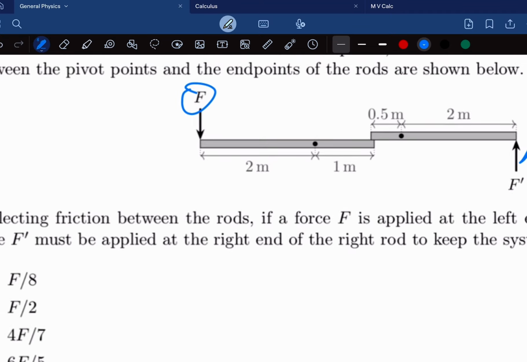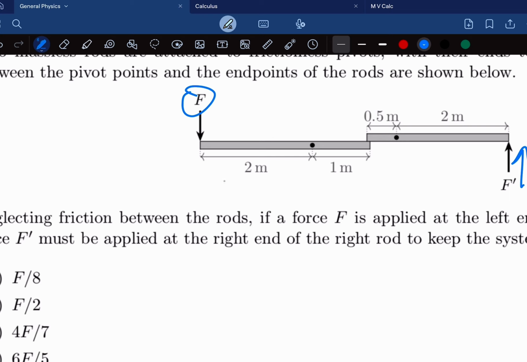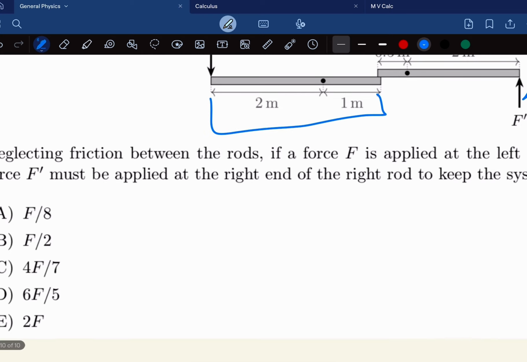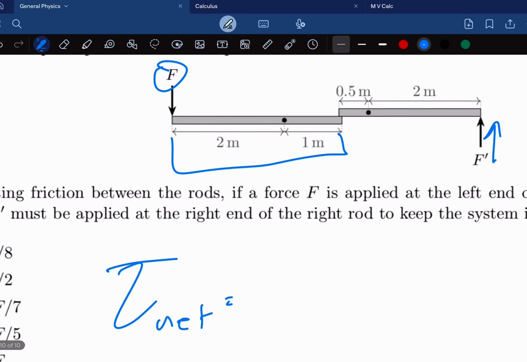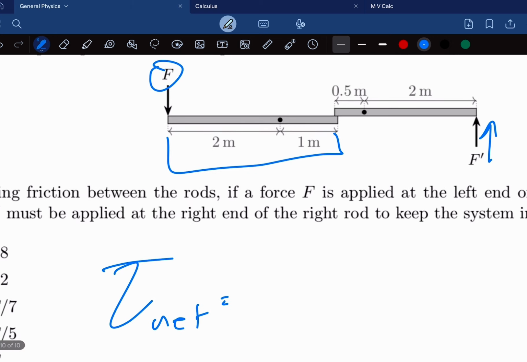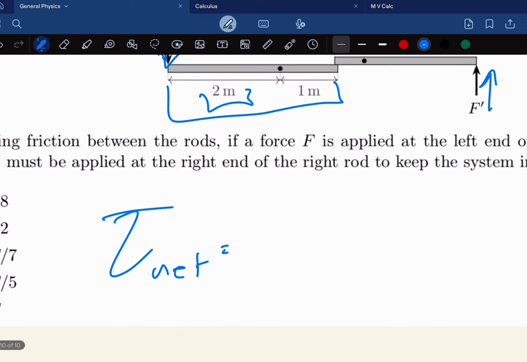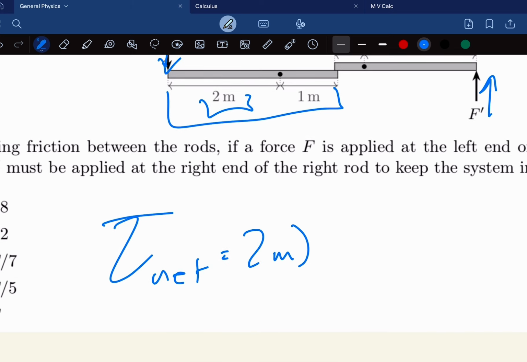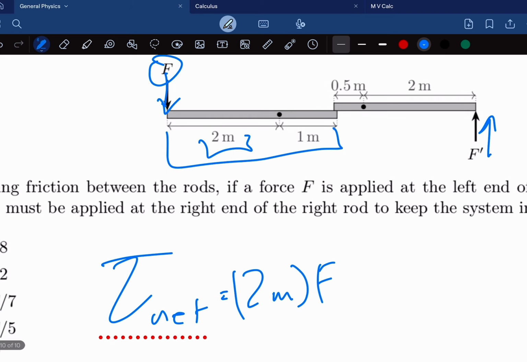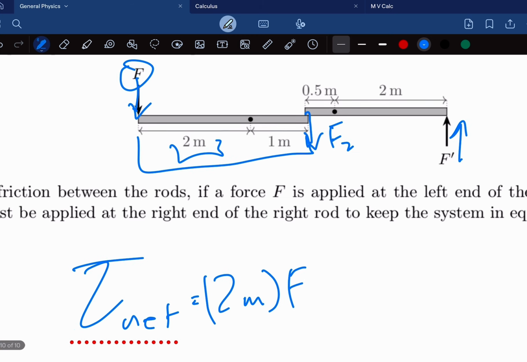Now let's get started by writing the net torque for this part of the system right here, which must be equal to 0. So we have T net is equal to this force right here, which is 2 meters away. So we have 2 meters times this force F. Then there's a force from this beam right here, which we will call F2, which is 1 meter away.